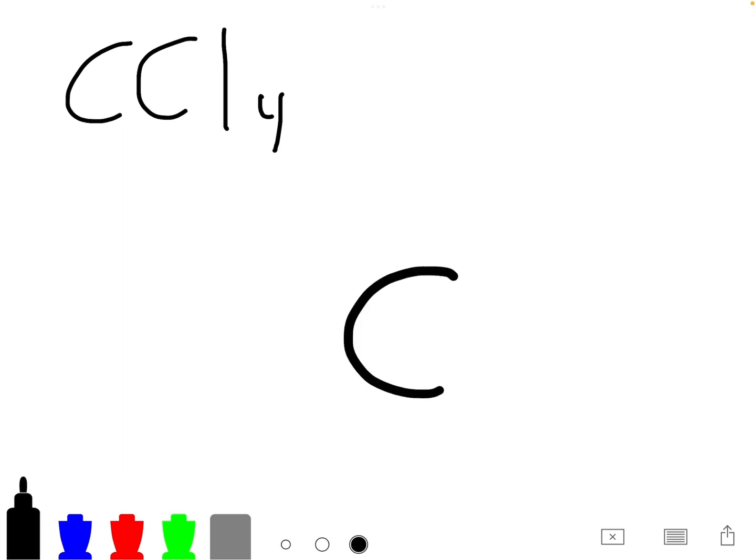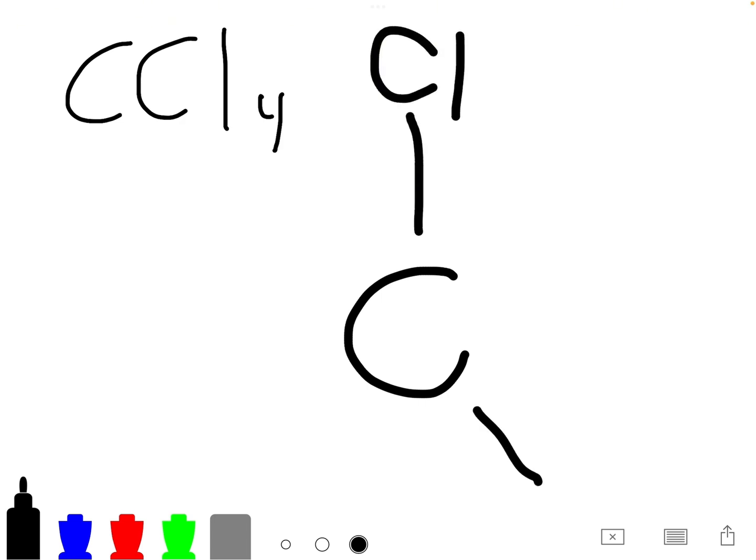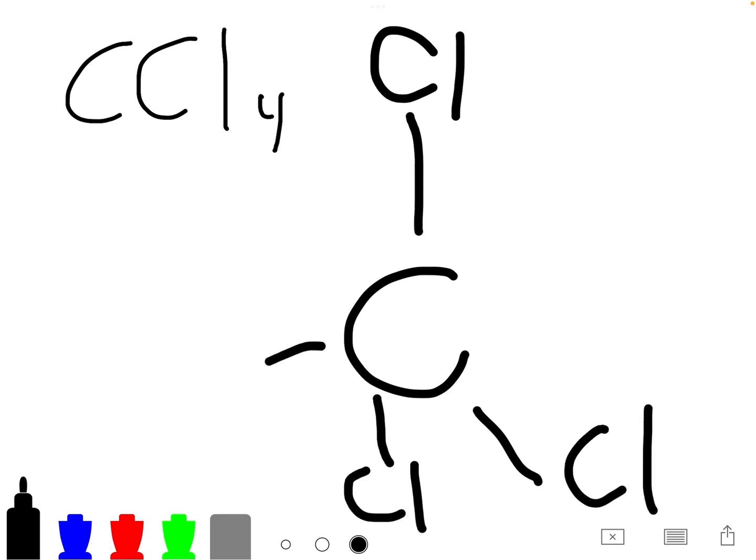So you'll have carbon in the middle, and we'll go Cl, Cl, Cl, and Cl. And that's what it looks like. There is your molecular geometry for carbon and chlorine 4.